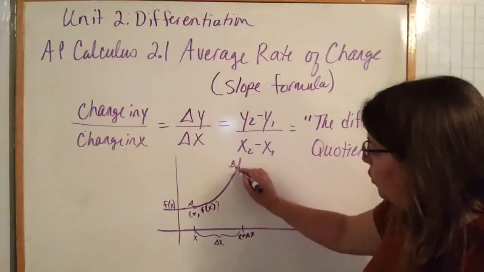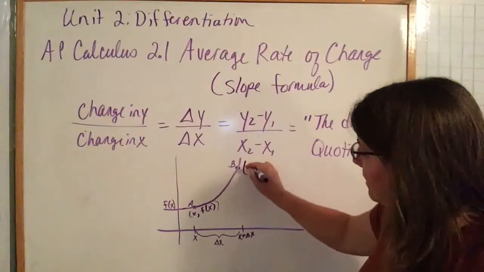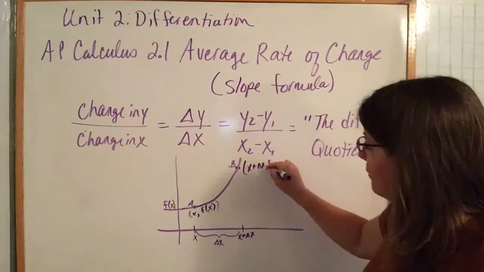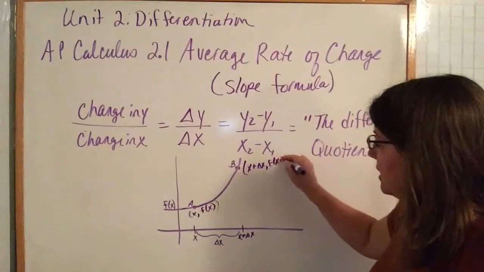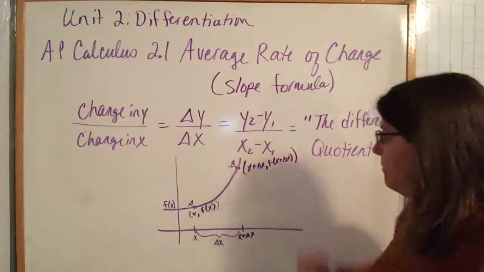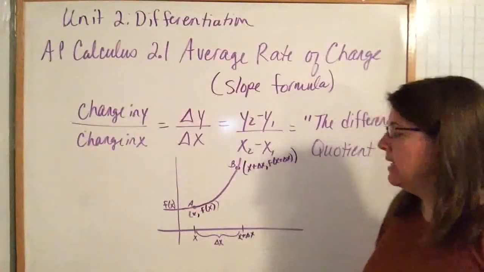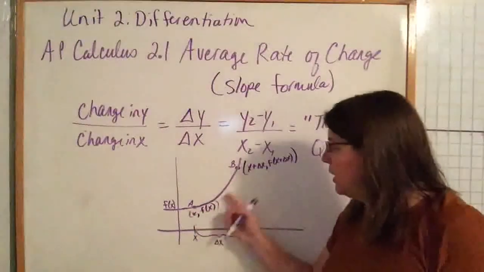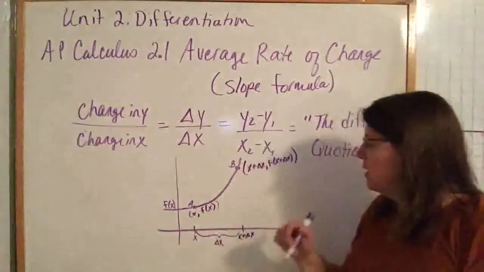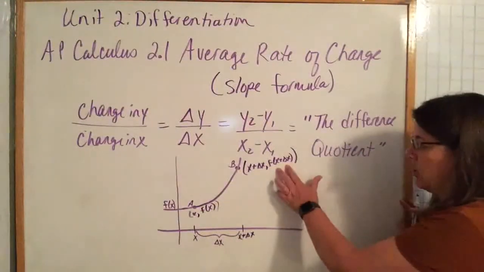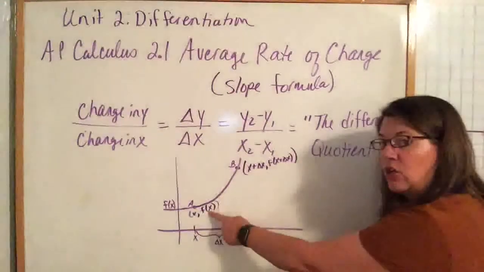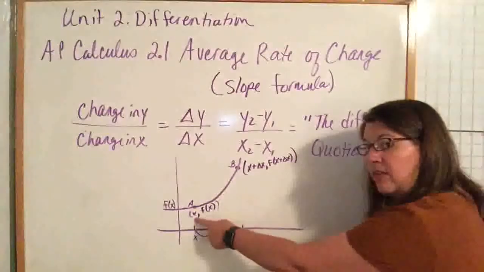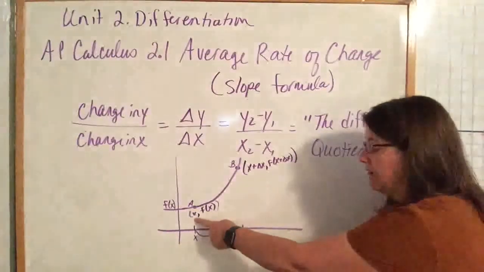Then wouldn't this ordered pair be x plus delta x, comma, f of x plus delta x? And if we were to find the slope between those 2 points, wouldn't I take this y value minus this y value and put it over this x value minus this x value? Isn't that what we're going to have?